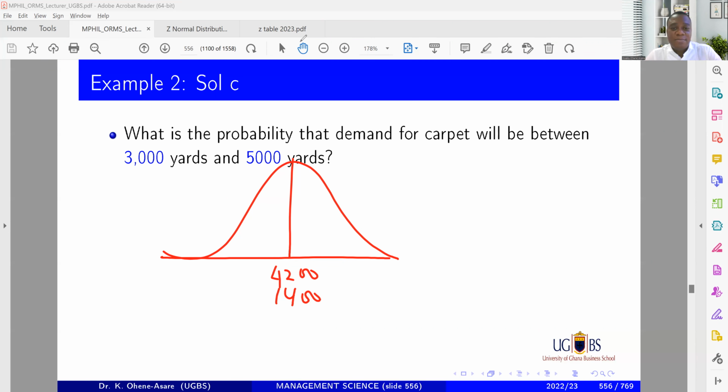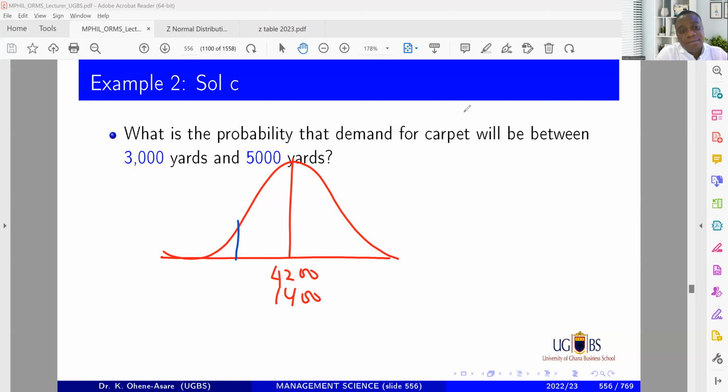Yes, Princess. Since the mean is 4,200, to get the probability that the demand will be 3,000, I'll shade that part to the left.